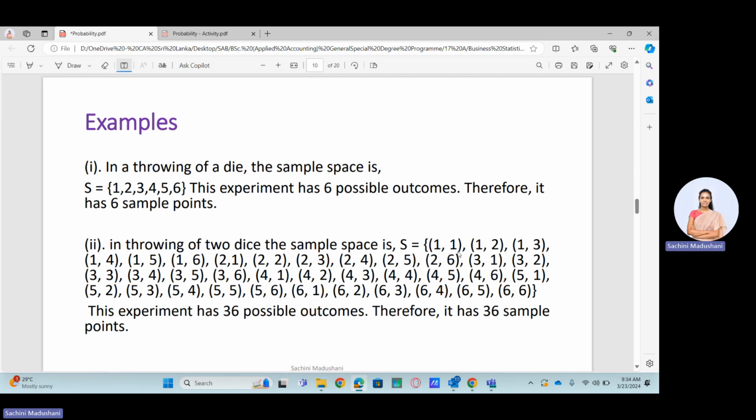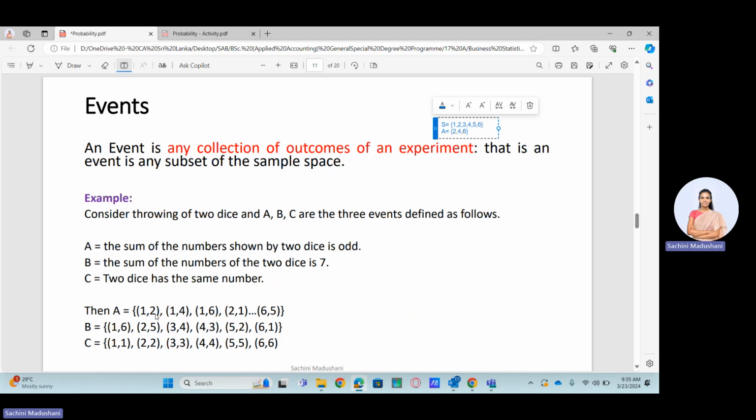First, 1 plus 1 is 2. That's an even number, so we cannot take it. Second, 1 plus 2 is 3. The sum is 3, so we can take it as an outcome. Normally odd number plus even number, what is the final answer? Odd. Then we took this one. A is the sum of the numbers shown by 2 dice is odd. These are 1 and 2, 1 and 4, 1 and 5. There are so many, and we can write them.